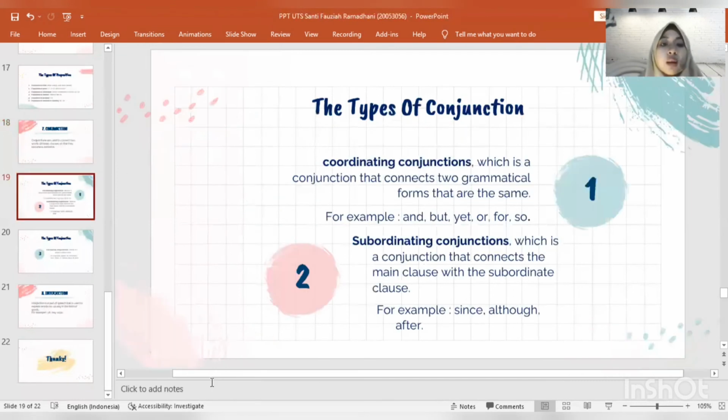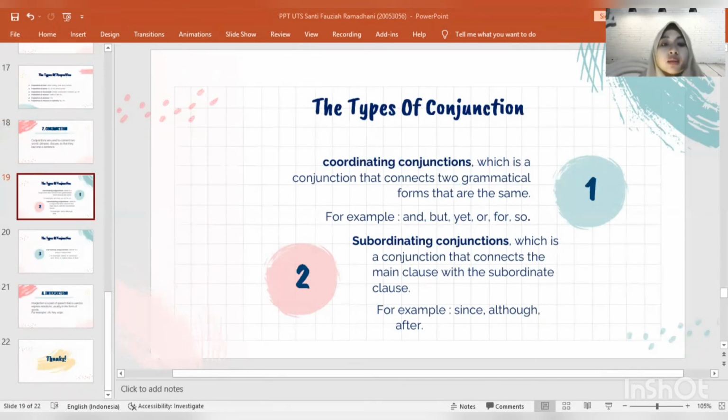The types of conjunction: the first is coordinating conjunction, which is a conjunction that connects two grammatical forms that are the same. For example, and, but, yet, or, for, so.